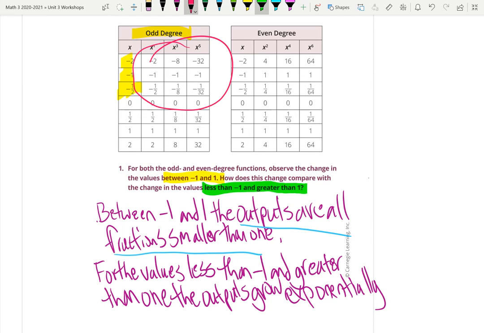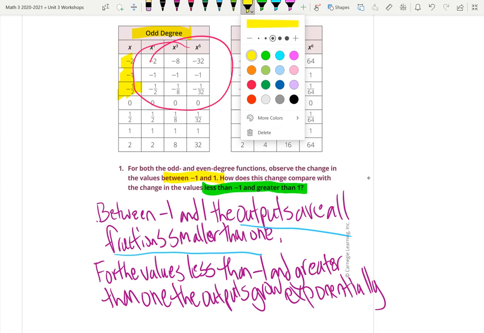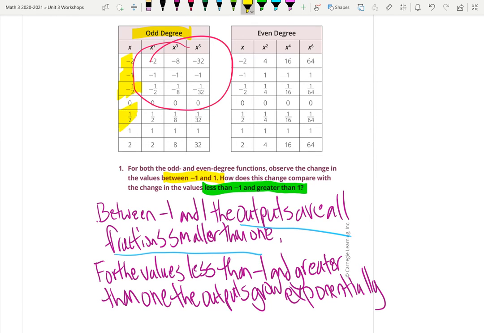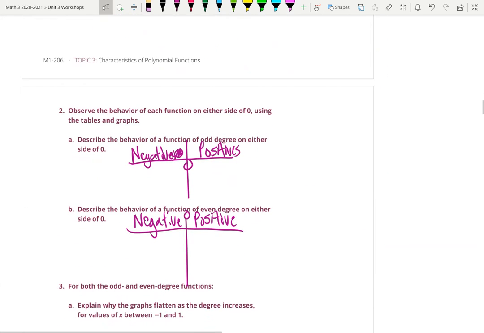What about for the right side of 0, for positives? Notice how they're only positive outputs? So, for odd degrees, the negative values have negative outputs.